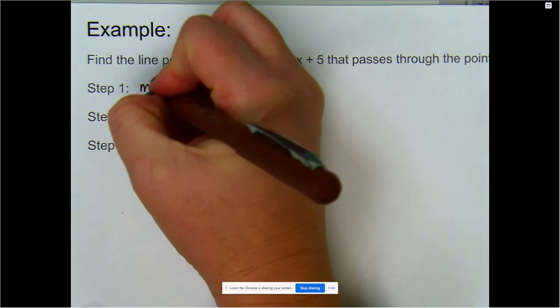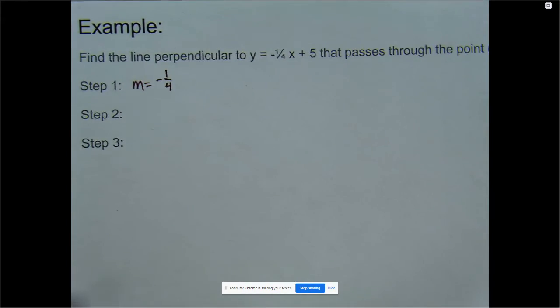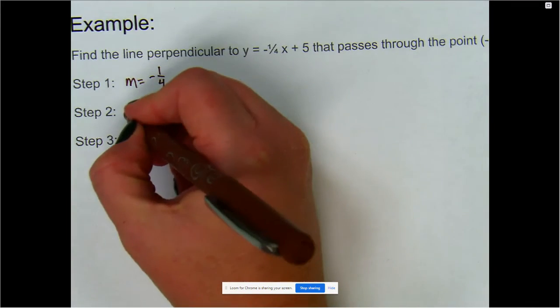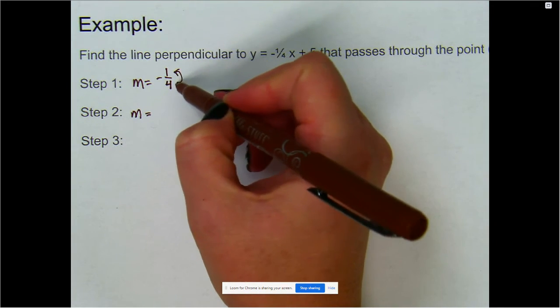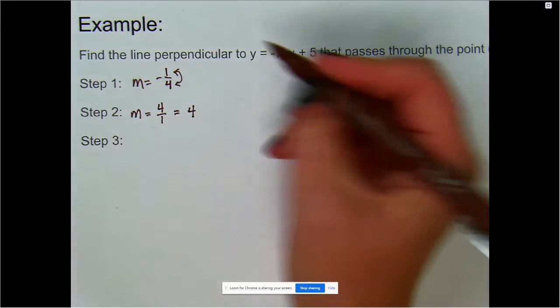So we are going to be able to see that our original slope is right here. Our original slope is negative 1 over 4. And step 2 says we need to take our negative reciprocal of that. We know that this one is negative, which tells us that our new slope has to be positive. And 1 over 4, if I flip it, now becomes 4 over 1 or just 4.